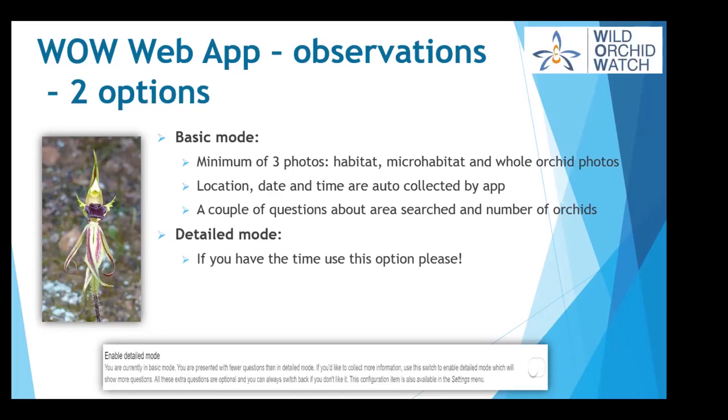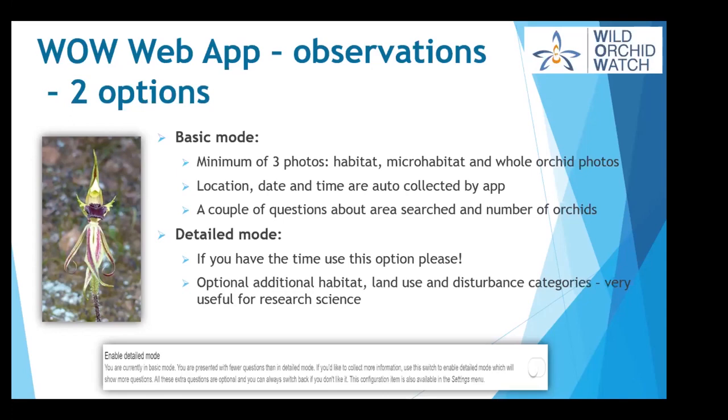But more importantly is the detailed mode. This one, we really would love to see people using more so than the other mode. It does take a little bit of time getting used to it. There are a lot more questions that are asked, but these are the questions that become important when researchers are gathering the data.